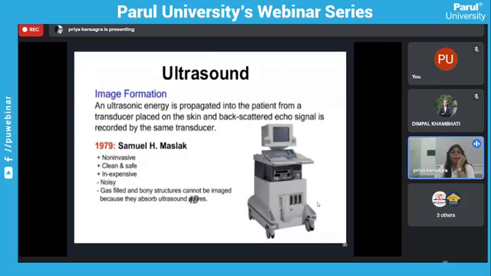And ultrasound. Ultrasound is also one of the modalities used as a proper way to treat people. Ultrasound energy is transmitted into a patient from a transducer placed on the skin, and is backscattered as an echo signal recorded by the same transducer. How it works: we have a transducer in a machine.